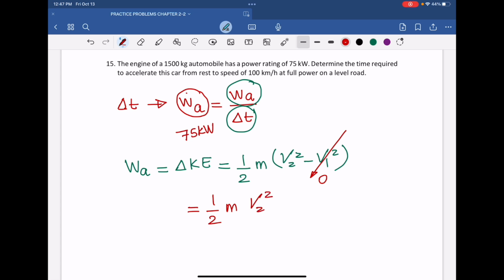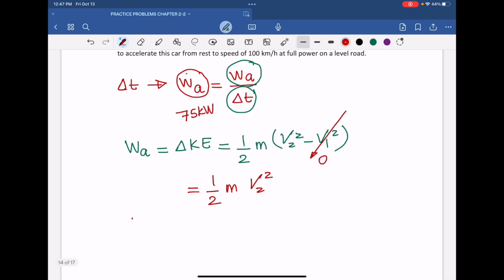Before I plug in the velocity to my equation, I would convert the unit, which is 100 kilometer per hour, to meter per second.